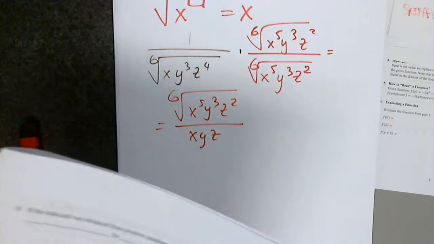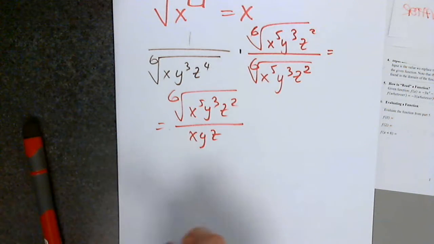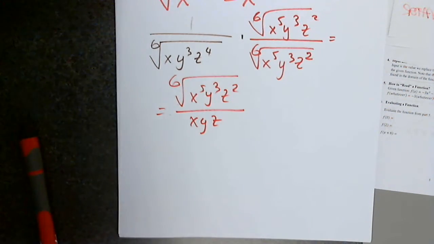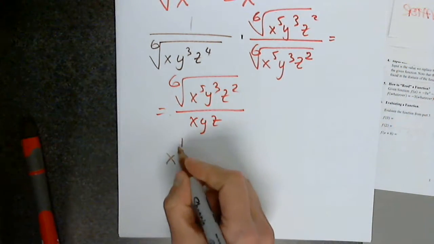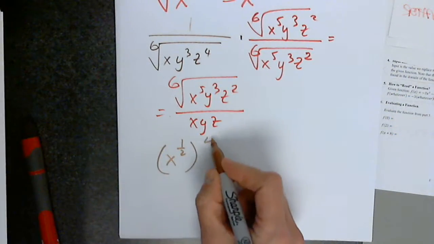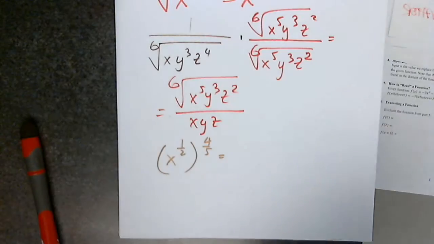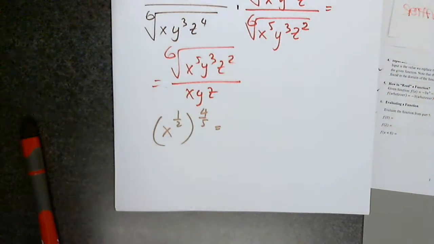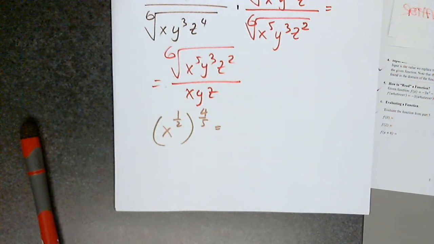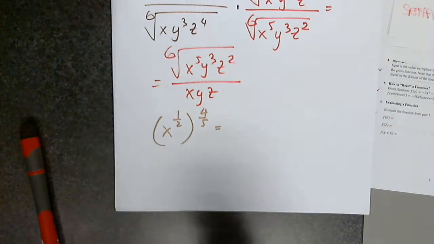Okay. Let's go back to the handout. I know I have 5 more minutes. So x raised to 1/2, everything to 4/5. So this is the next problem on the handout. X to 1/2, everything to 4/5. I copy the base.